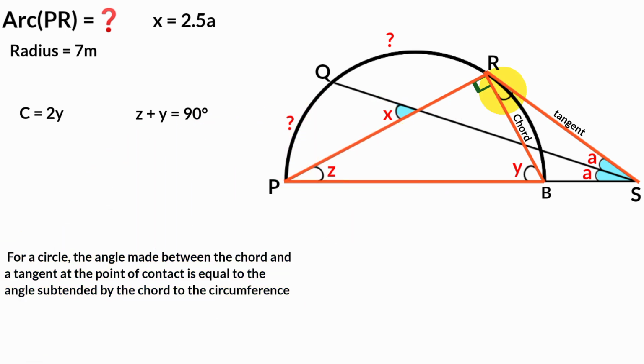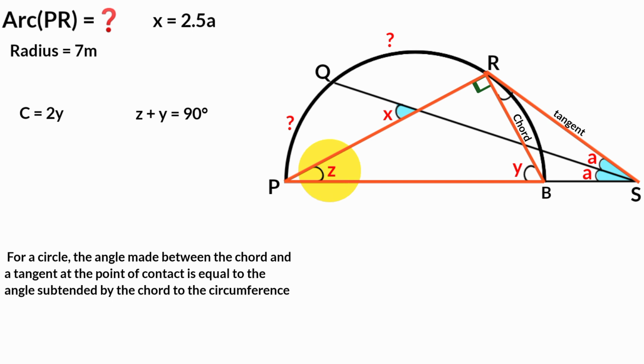Now look at this angle here. It is the angle between the tangent and chord BR through point of contact. So based on this rule, it is equal to the angle this chord subtends to the circumference, which is this.